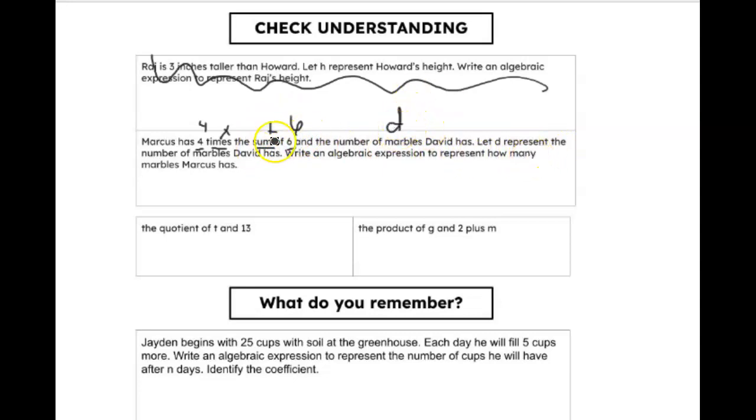So this is going to be D. The sum is the answer to an addition question. So we have to put that together in parentheses so we get that answer before we multiply it by 4. So 4 times 6 plus D. Now, there's several ways that you could write this. You could flip the D and the 6. You could put the times 4 at the end. But in jest, it would look like this.